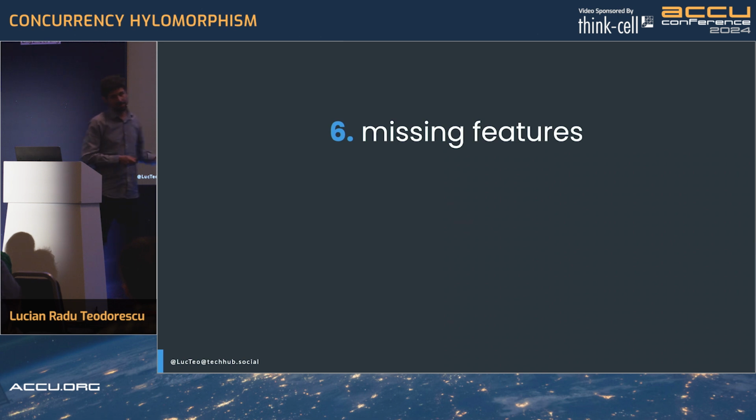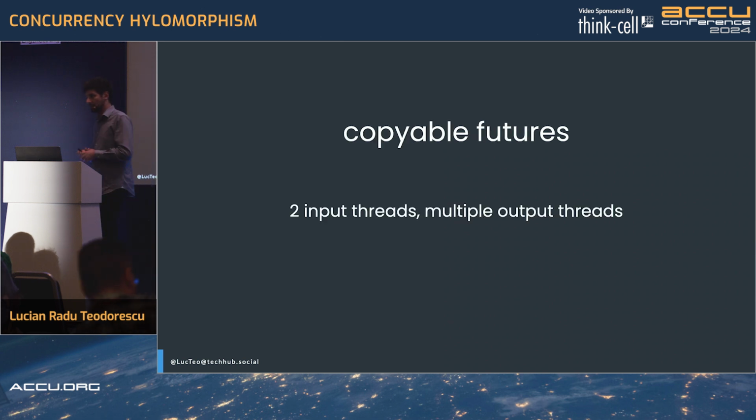Some missing features. We also need to discuss those, right? Copyable futures. So far, I've only talked about movable futures, but none of the futures I had was actually copyable. This is one point that Sean Parent kept pushing me on: you have to copy those things. Like, yes, I know, Sean, but I'm still not there yet. The thing is not that trivial, right?